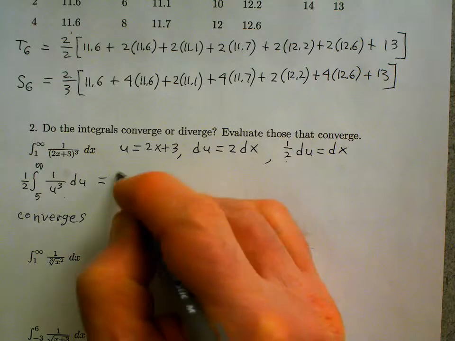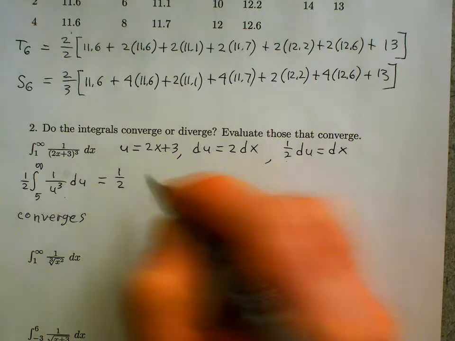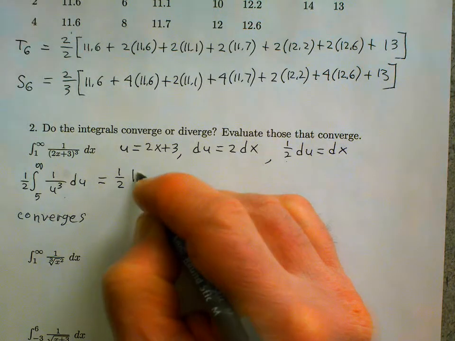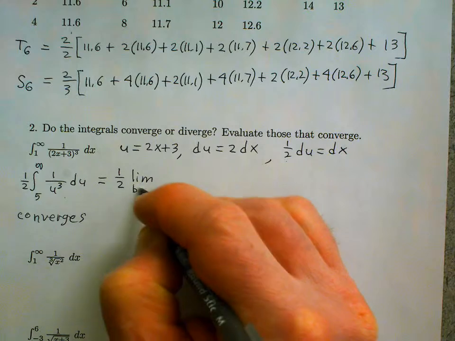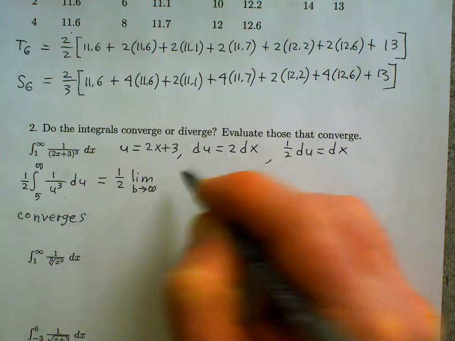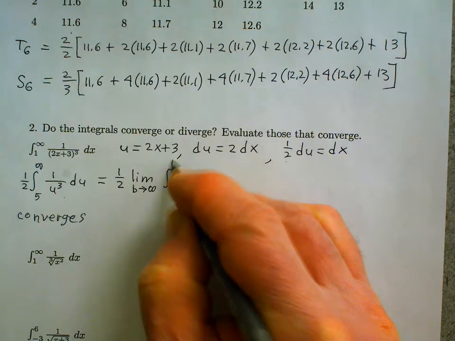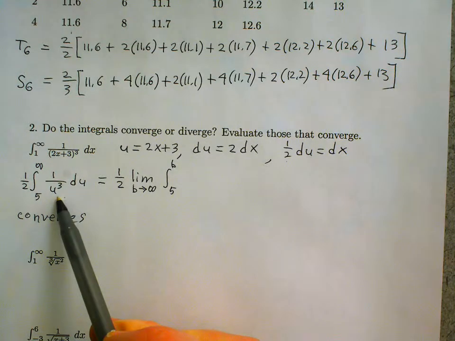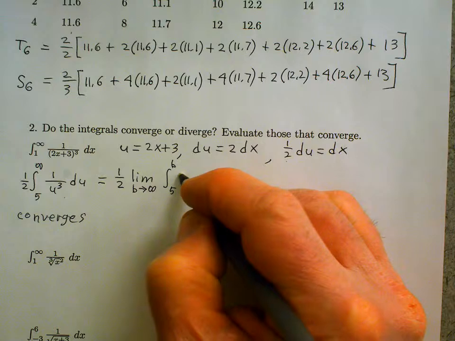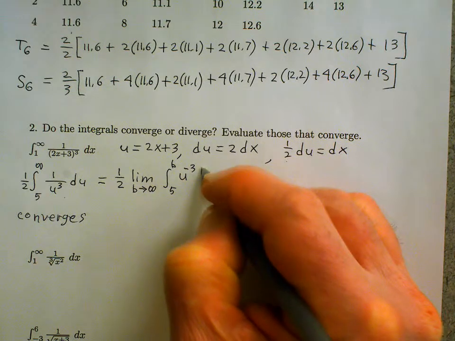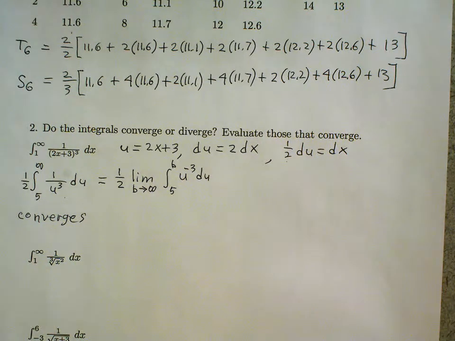You can write this as 1/2 times the limit as b approaches infinity of the definite integral from 5 to b, replacing 1 over u to the third with u to the negative 3.